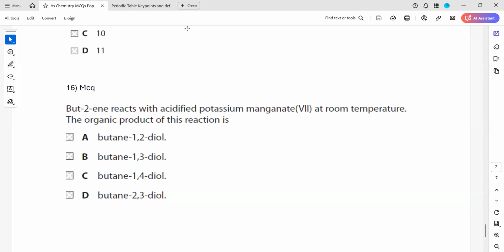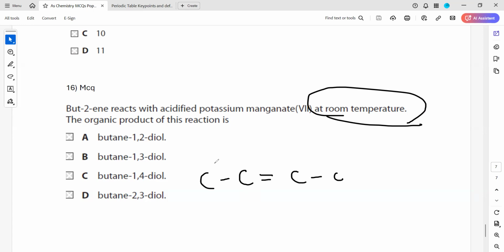Butene reacts with acidified potassium manganate at room temperature. At room temperature, it will form a diol. So butene is there: this carbon will have three hydrogens, this will have one hydrogen, this will have one hydrogen, and this will have three hydrogens.